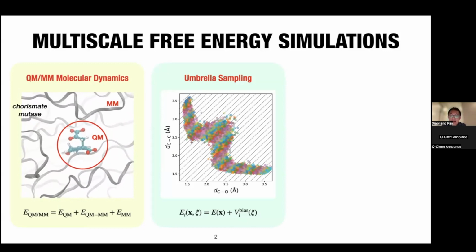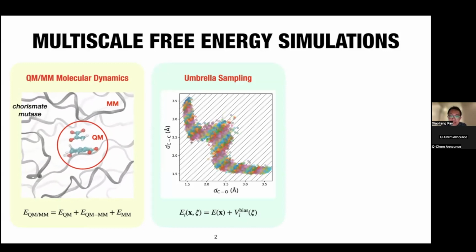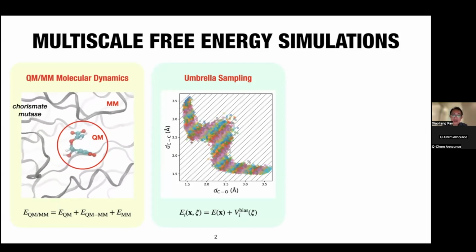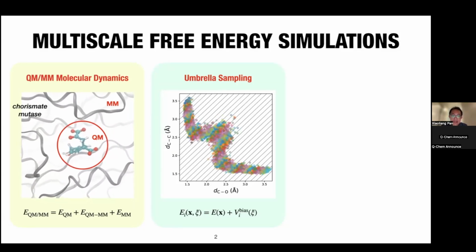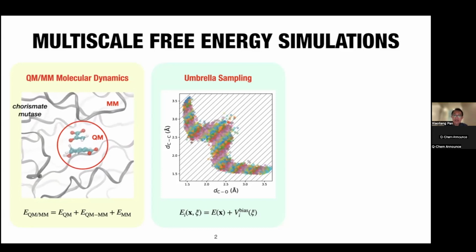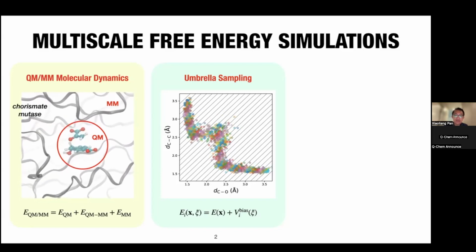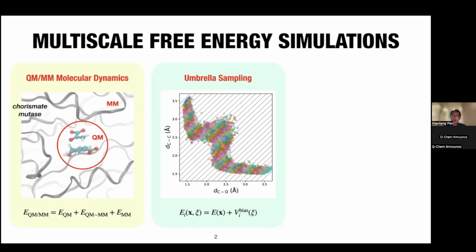A very commonly used method is the umbrella sampling method. The idea is to divide the whole reaction pathway into smaller windows. In this example, we are using the same reaction, the CO bond length and the CC bond length, and we define the difference of the two as our one-dimensional reaction coordinate.